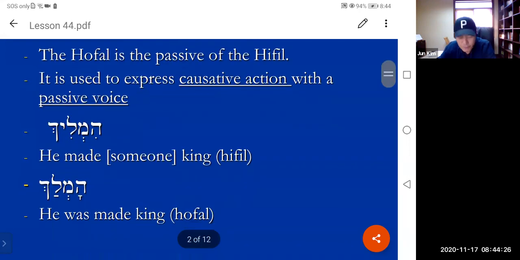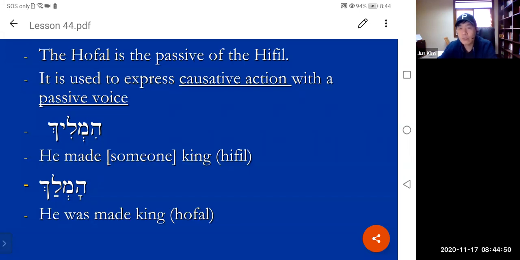So then, let's pay attention to the meaning of the Hefil stem and the Hofal stem. In the Hefil stem, the word malak, which means to reign, should be causative. So it must be like "caused someone to reign."